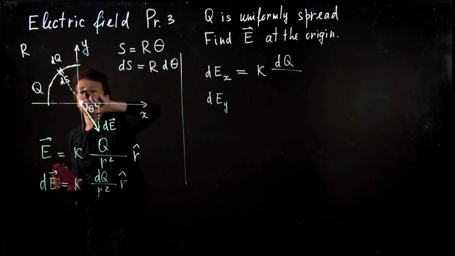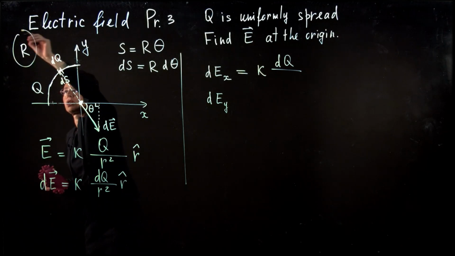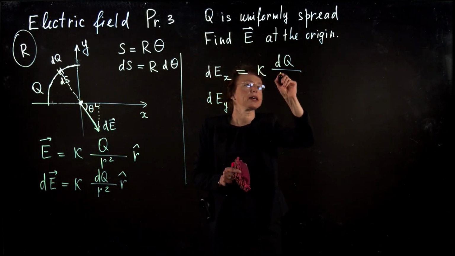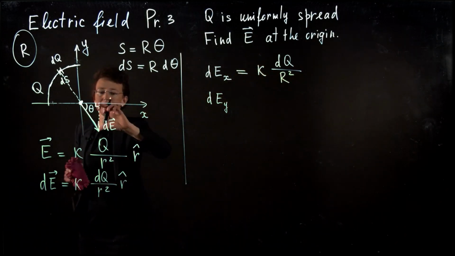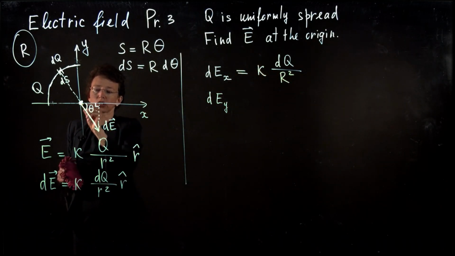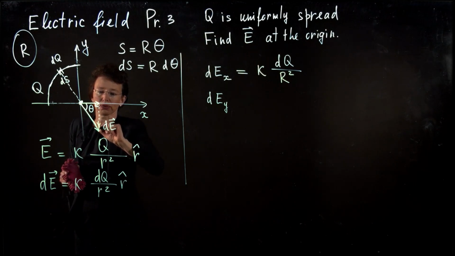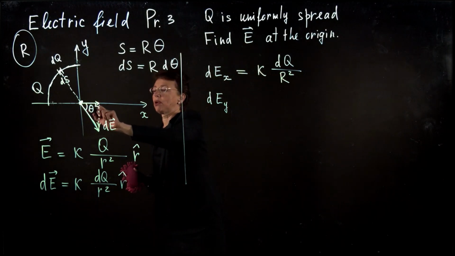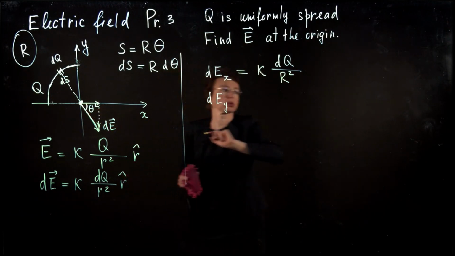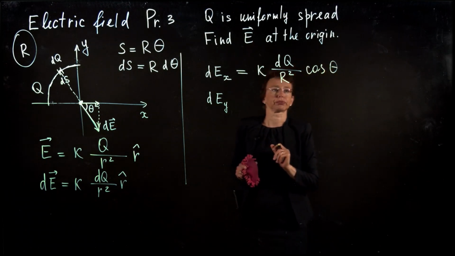The distance between dq and this point is the radius of this circle r, divided by r squared. This is the magnitude. I need the x projection. The x projection will be this leg of this triangle, and it is positive. I put plus, and to get the x component, we multiply by the cosine of this angle, times cosine theta.